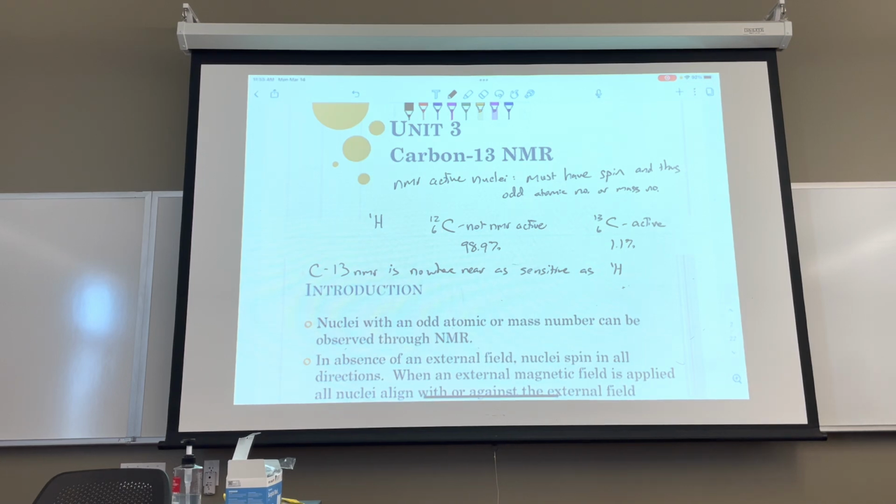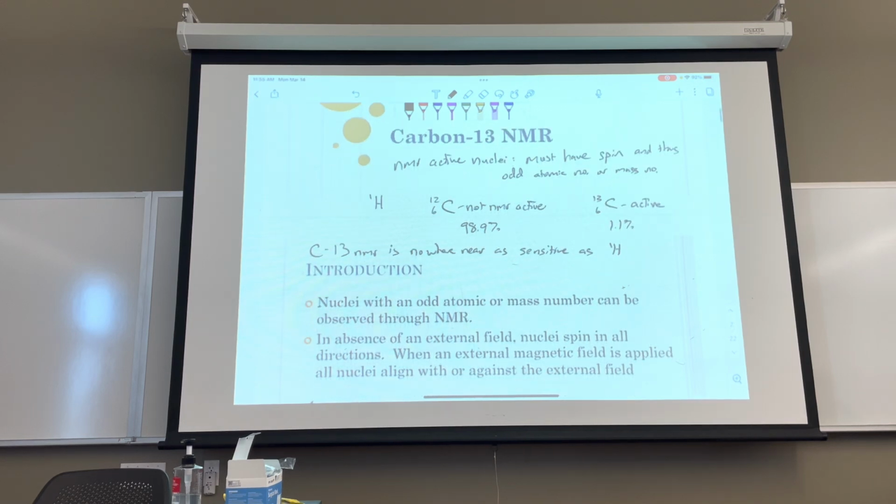So whereas when you're trying to get a proton NMR, you typically dissolved your sample in deuterochloroform, threw it in the instrument, scanned it 1 to 4 times, and out popped a really nice, pretty proton NMR spectrum. You are not going to be able to do that for C-13. So the way we fix that is in one of two ways.